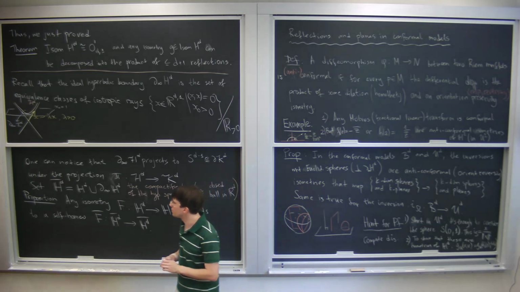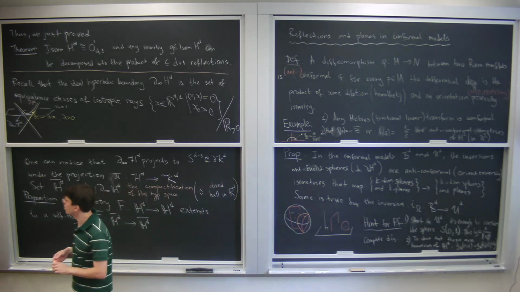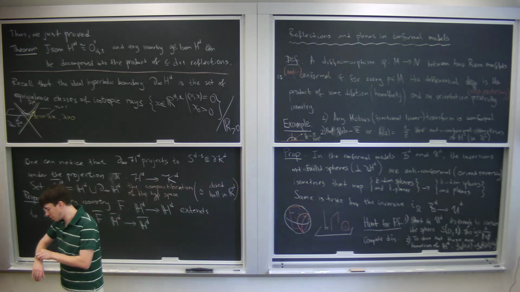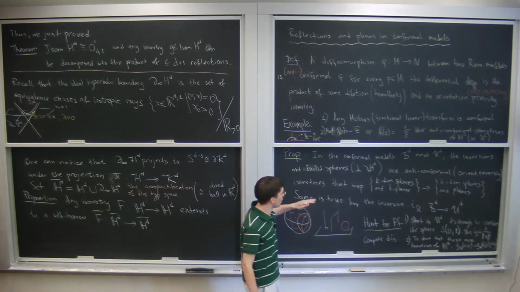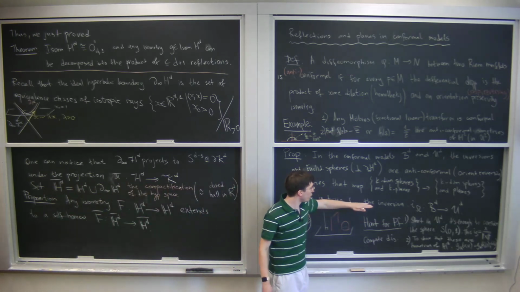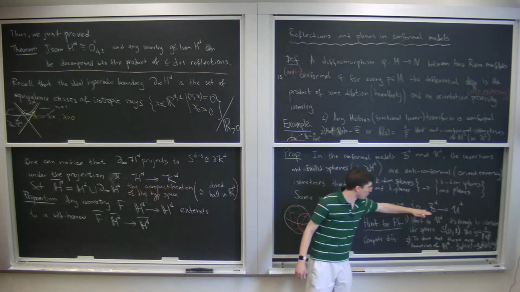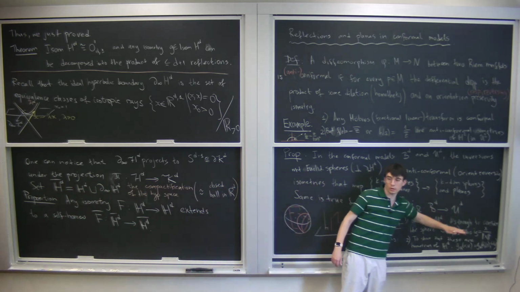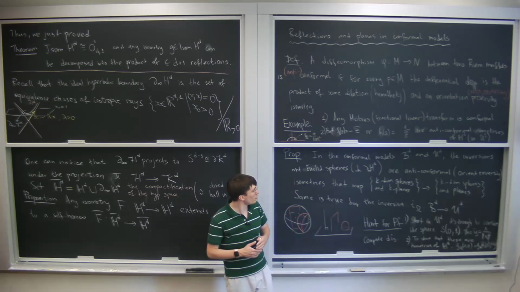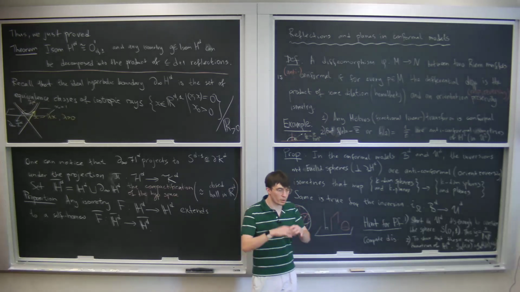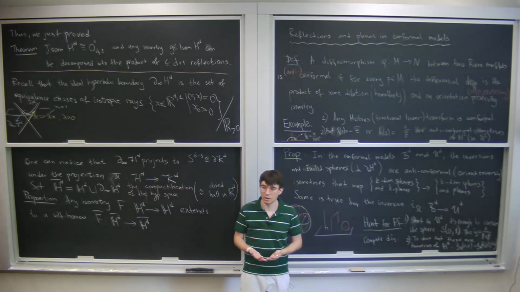In fact, I want to show, but probably let's make a 10 minute break, and then we will discuss that the isometry group of this model or this model coincides with the group of conformal maps of the boundary sphere.